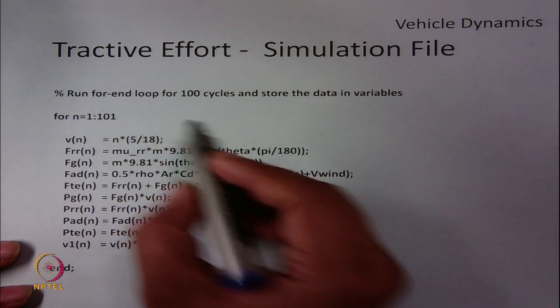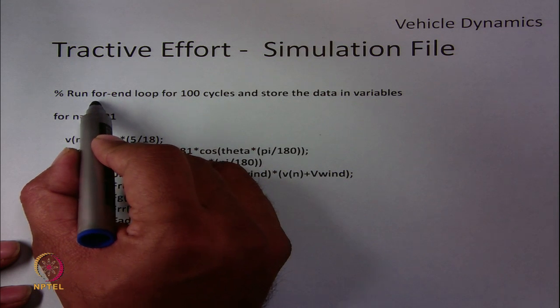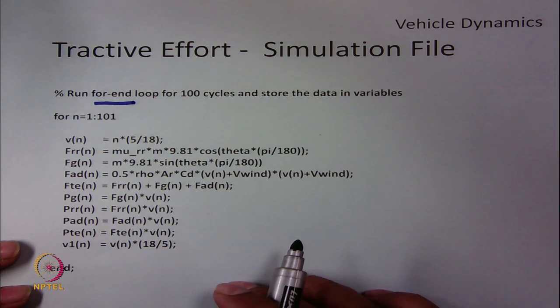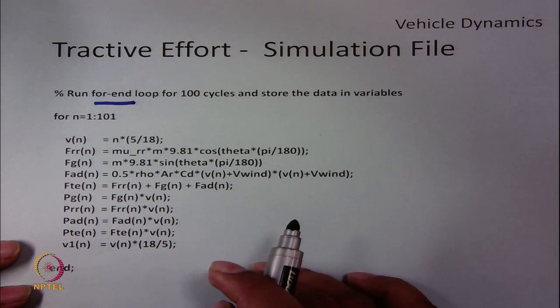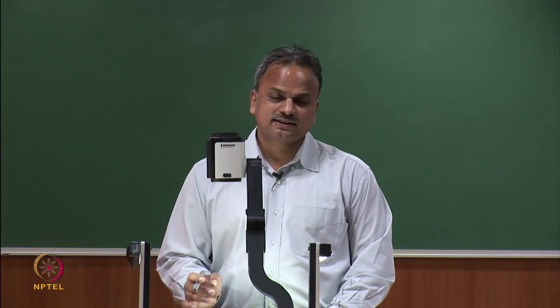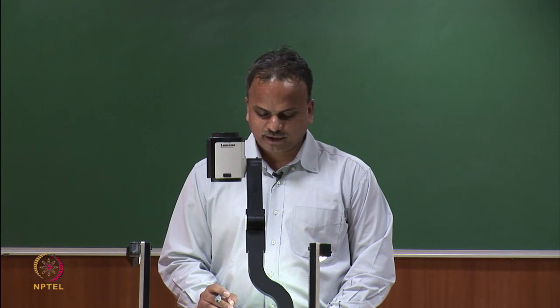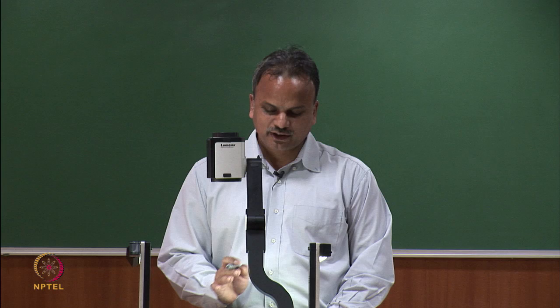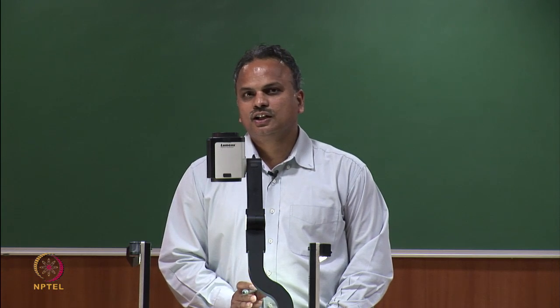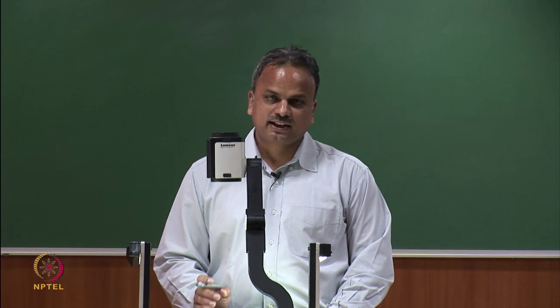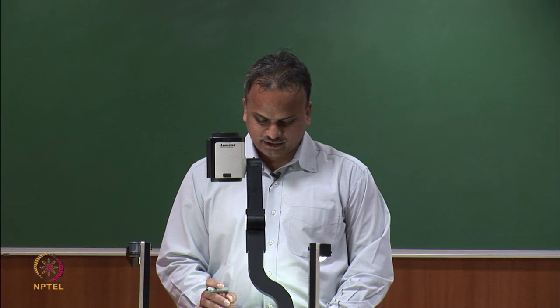Then we can run a for loop, and the loop has to run in a number of steps. Let us say that we are operating at a step of 1 kilometer per hour. We are varying the speed from 0 kilometer per hour to 100 kilometer per hour at a step of 1 kilometer per hour.